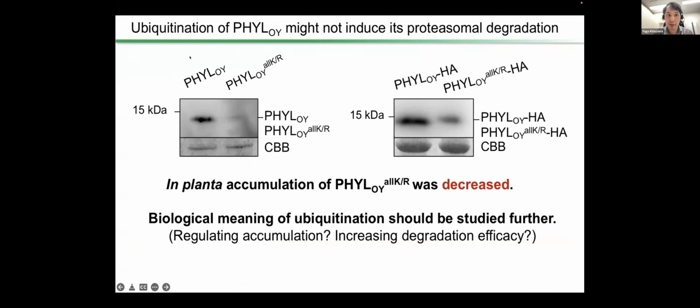Thus, we concluded ubiquitination of the effector might not induce its proteasomal degradation, but the mechanism is unclear. This is the answer for the previous question. And your new question is maybe the difference of the efficacy. Yes, I think it's also answered here.